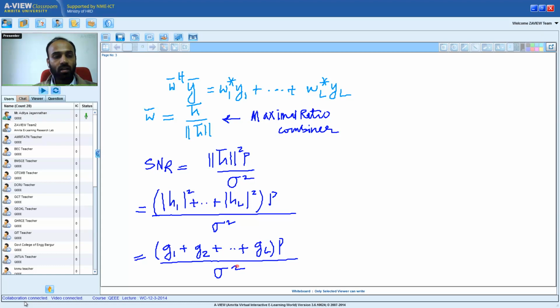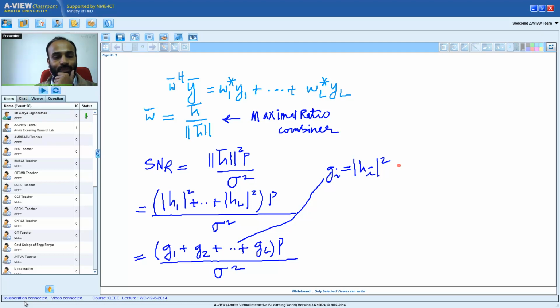This is the SNR at the receiver, which is the summation of G1 plus G2 plus so on up to GL times P over sigma square, where each Gi equals magnitude Hi square. Each Gi is the gain of each channel.